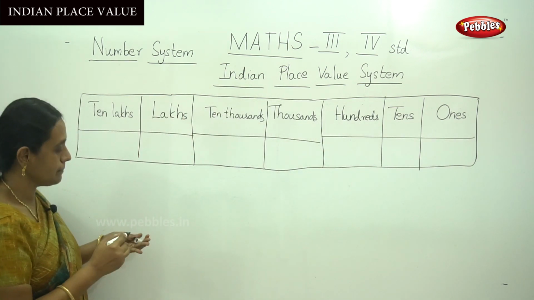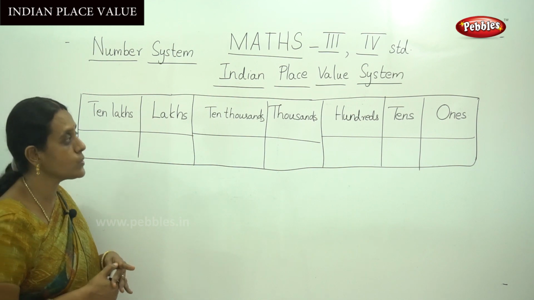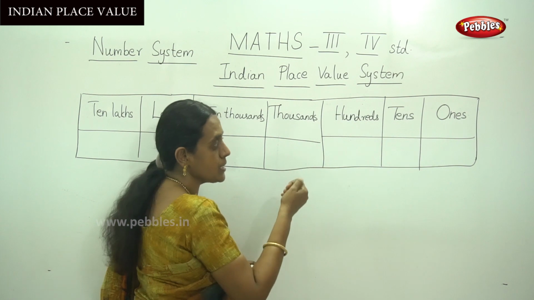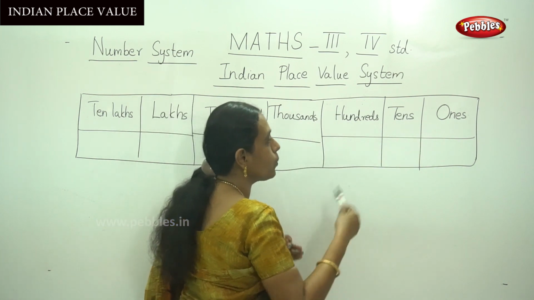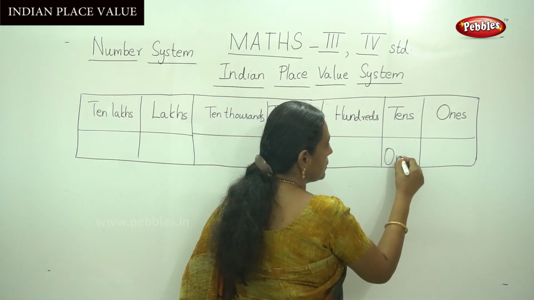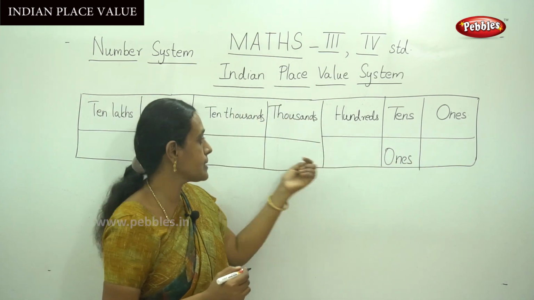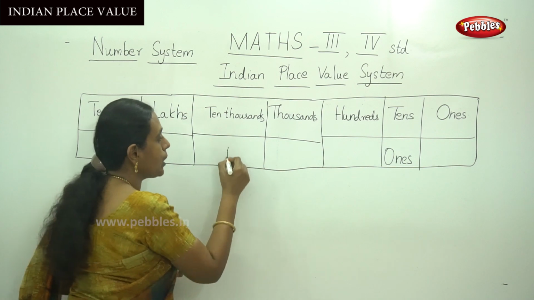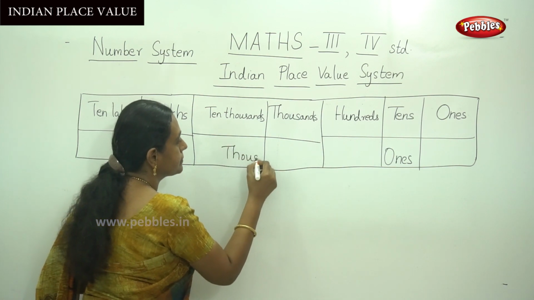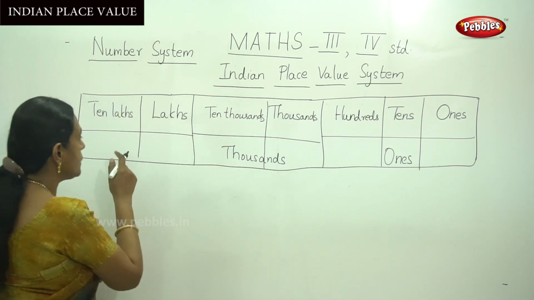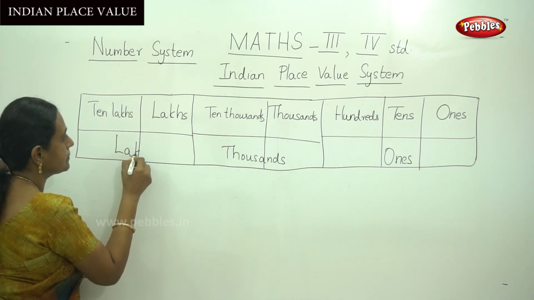This is the Indian place value system. It has 3 periods. The first period is ones: ones, tens, hundreds. The next period is thousands, and the next one is lakhs.